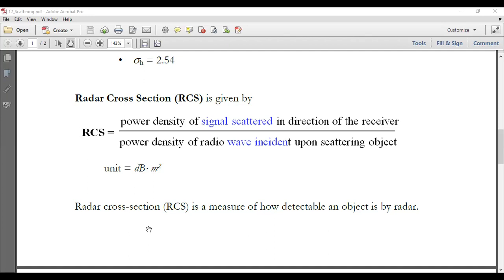Now, in the case of general wireless communication, we actually don't have any control on RCS. We rather want to estimate it. And the discussion here targets the estimation.